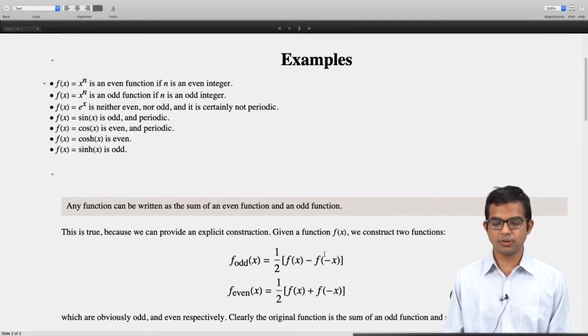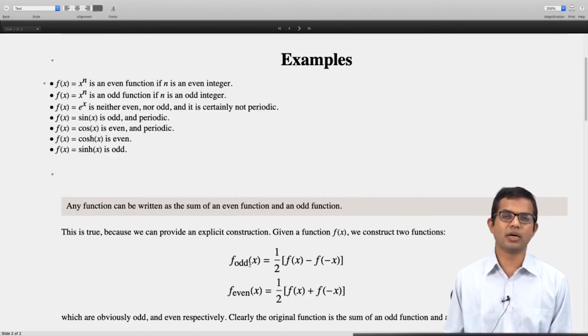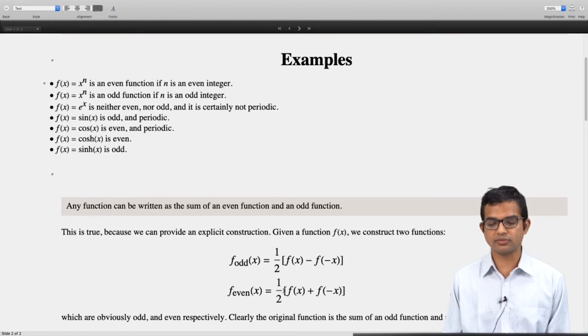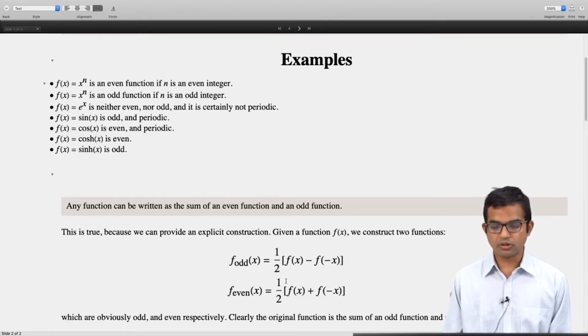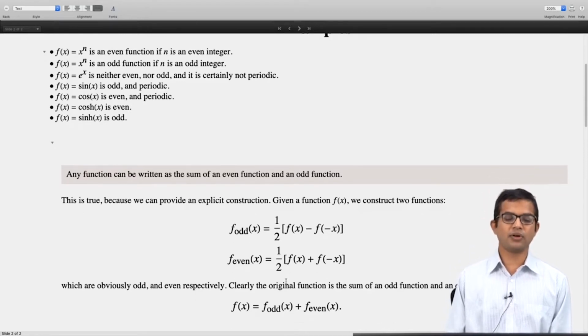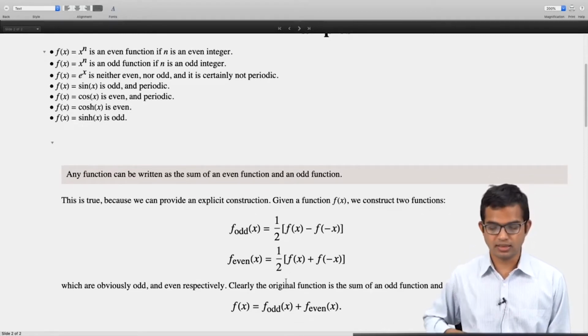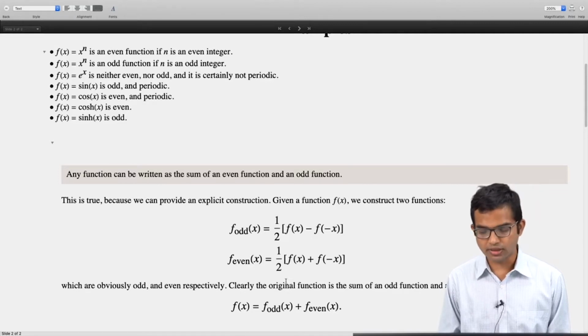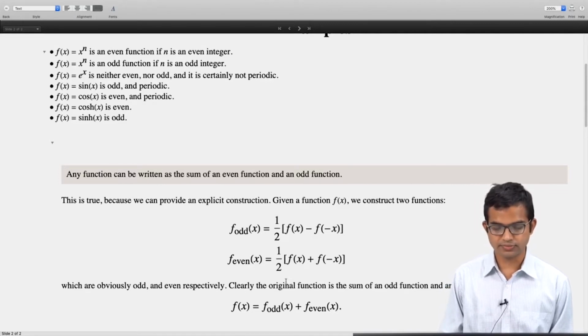You simply put minus x in place of x, then you will see that for the first function, there's going to be an extra overall minus sign which will come out in relation to the original function, whereas for the second function, nothing changes if you change x to minus x. So clearly the original function itself is the sum of these two. You can immediately see this. So indeed any function f of x can be written as the sum of an odd function and an even function.